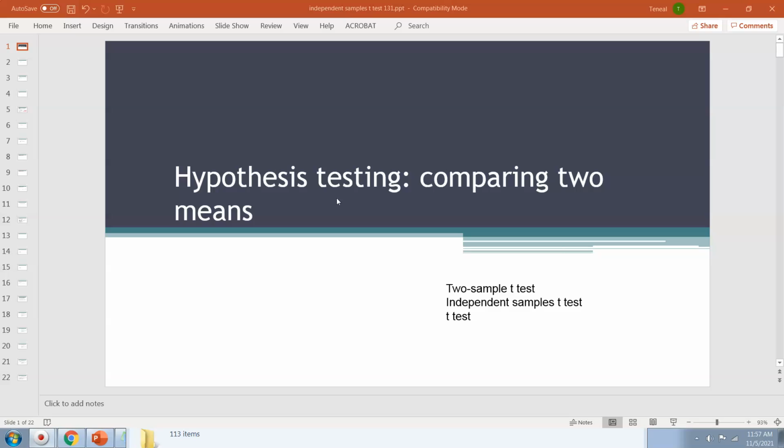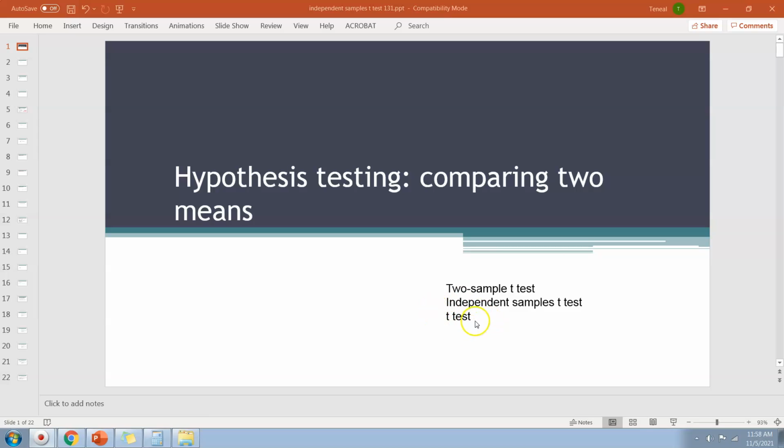Now, in life, you may have noticed that when we have a lot of different words for something, that's an indication that that concept is important. And here you can see we've got three different terms that are all used for this hypothesis test. It's sometimes called the two-sample t-test. You'll sometimes see it called the independent samples t-test, or sometimes just the t-test.